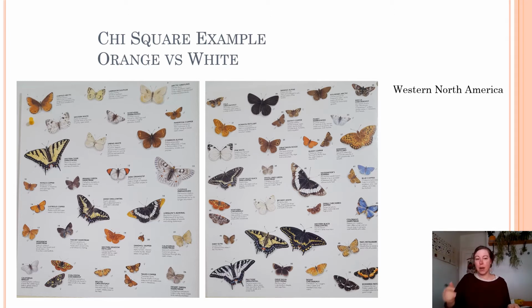So it's a little bit different now, but this is what we're going to go with. These two pages are all of the butterfly species found in Western North America. Now what we need is something to compare. So we're going to compare how many orange butterflies there are versus how many white.